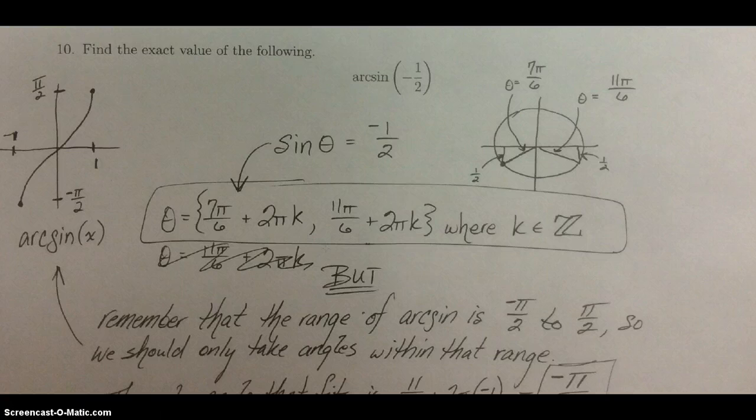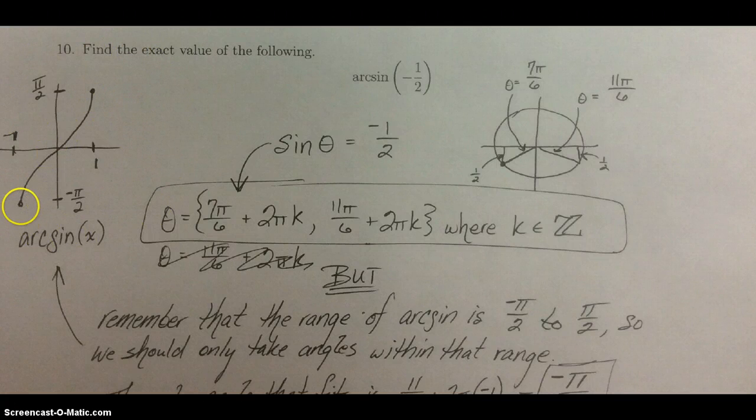But arc sine is an inverse function, and we couldn't make an inverse function of the entire sine function because it's not 1-to-1. So what we do is we take just a tiny little chunk of that sine function and get the inverse of that. I've drawn that over here. This is the arc sine function.